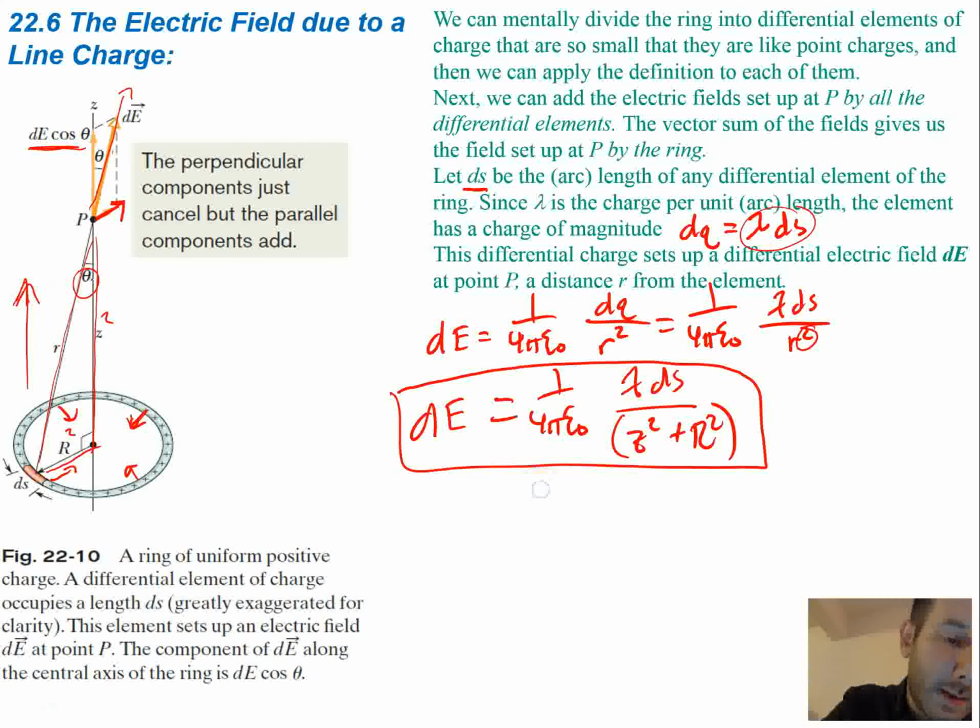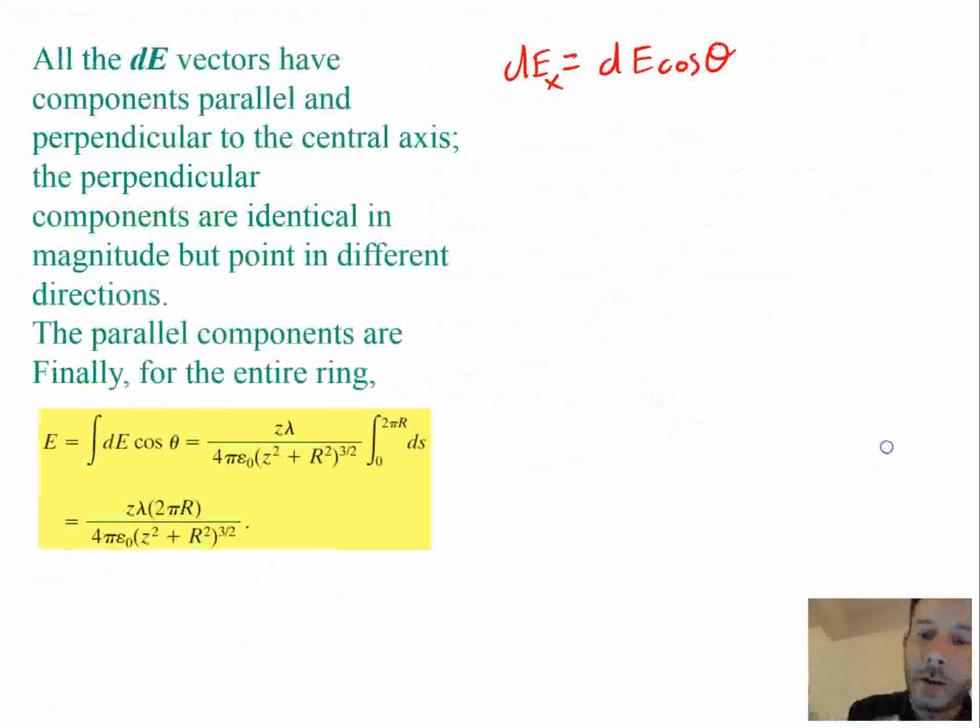Looking at this, if we want the parallel component, we want the cosine component, which is the adjacent component. If we just take that incremental electric field multiplied by cosine, we run into another problem, because theta is another variable that we don't know. We don't really want too many of those. So we know that cosine of theta is also equal to adjacent over hypotenuse.